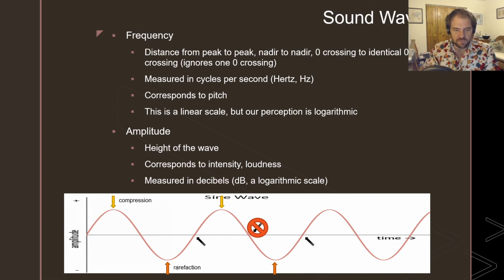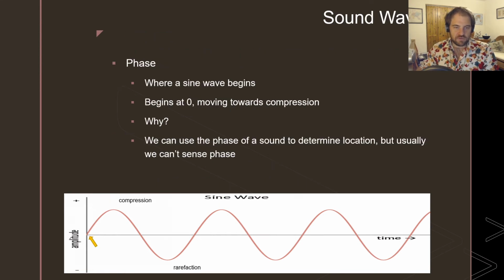That's measured in decibels, which is also a logarithmic scale. So our hearing is logarithmic both in terms of pitch and loudness. And we'll talk more about our hearing scale and which decibels are audible, barely audible, damaging to your hearing. And I think you'll see what I mean by a logarithmic scale.